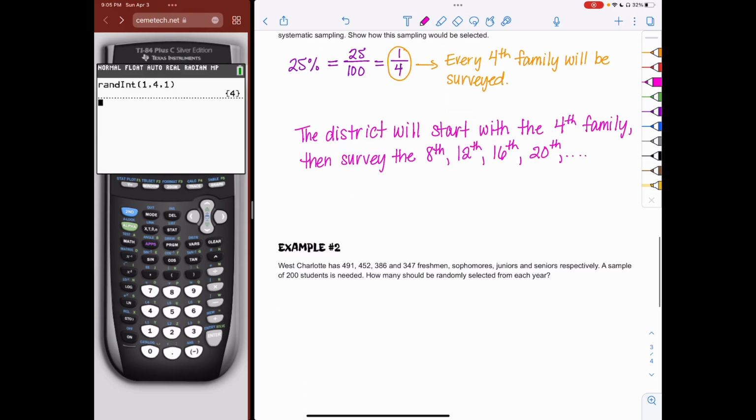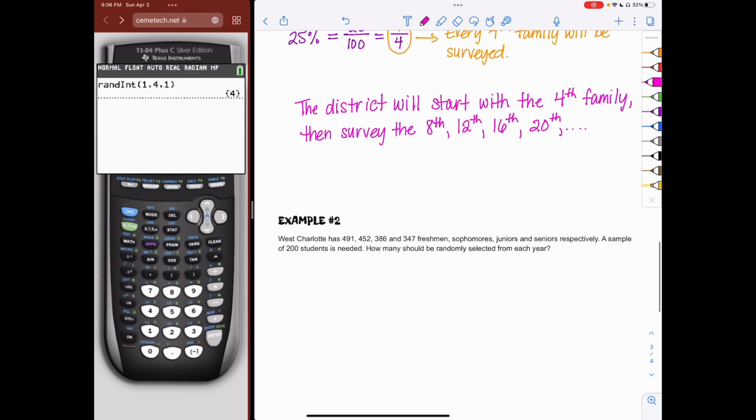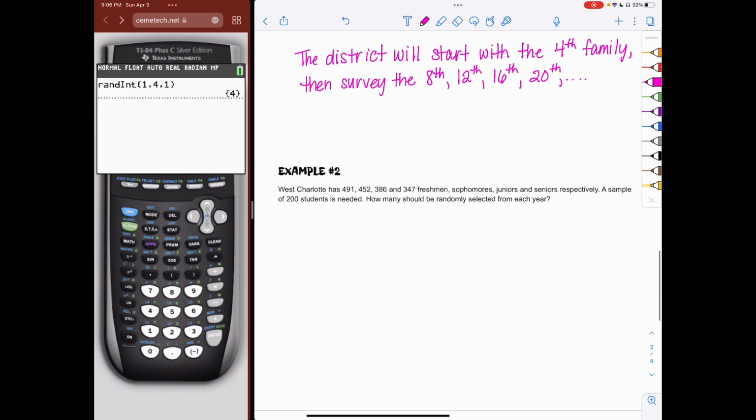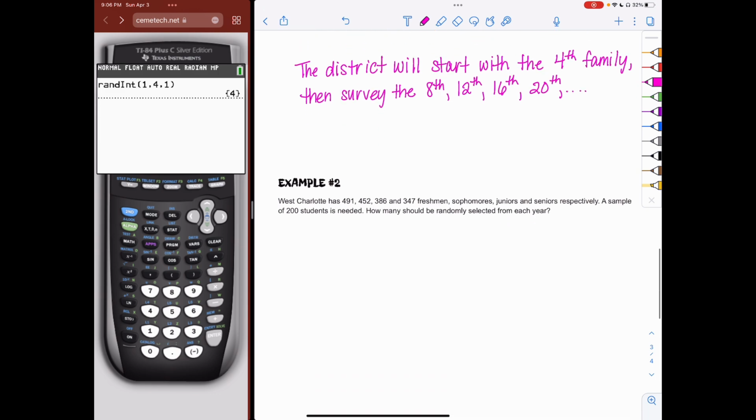Example number 2 says West Charlotte has 491, 452, 386, and 347 freshmen, sophomores, juniors, and seniors, respectively. A sample of 200 students is needed. How many should be randomly selected from each year? The first thing we want to do is figure out the total number of students.